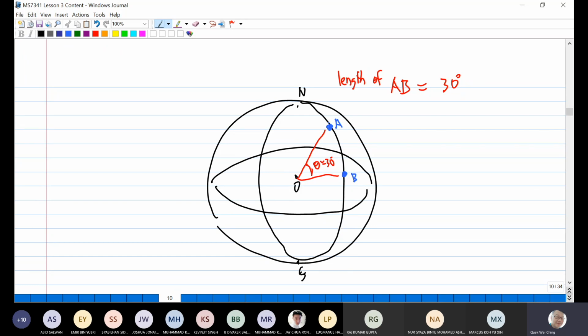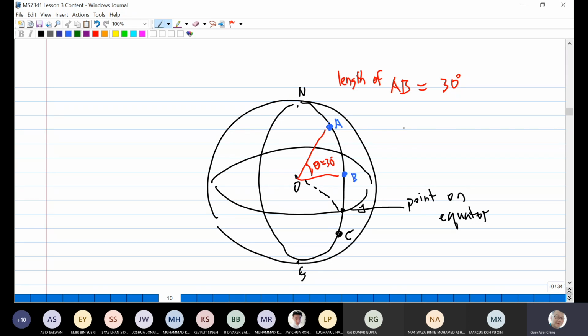Okay, suppose you have another point C somewhere here. And this is the equator. So I can get a point on the equator here.